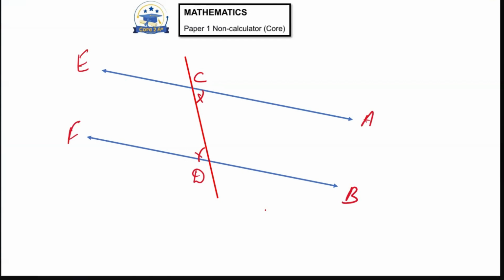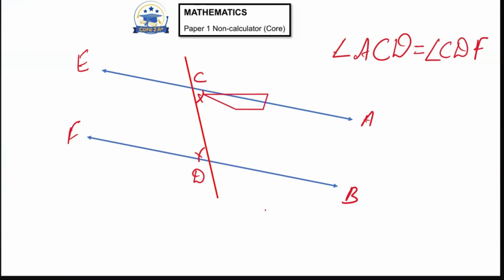Okay, so A, C, D, right? Triangle A, C, D will be equal to C, D, F. C, D, F. Are you getting what I'm saying? Wait a moment.